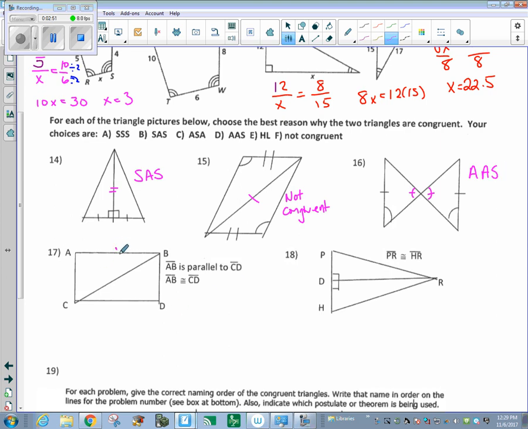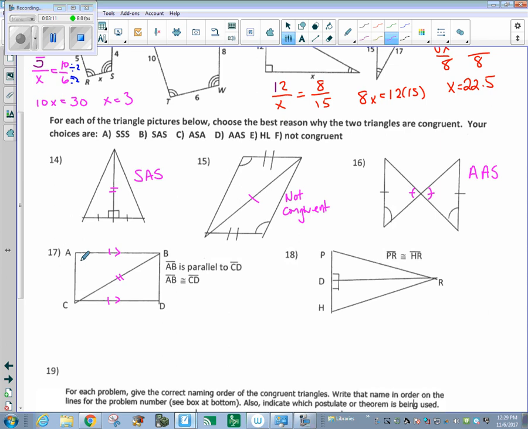Down here, they talk about these guys being parallel. AB is parallel to CD, which then will probably use some alternate interior angles. They also told me that AB and CD are congruent. Reflexive side of CB being congruent to itself. So right now I've got two sides, and if I can pick up an angle, I've got enough to prove these guys congruent.